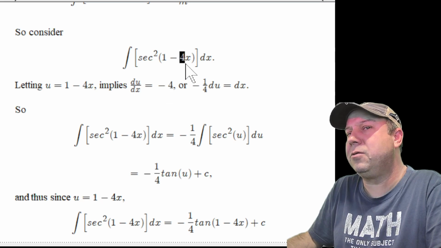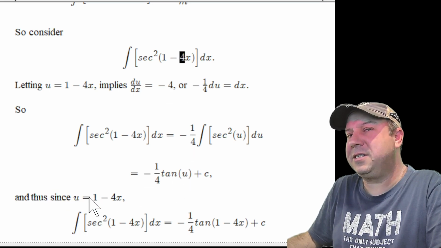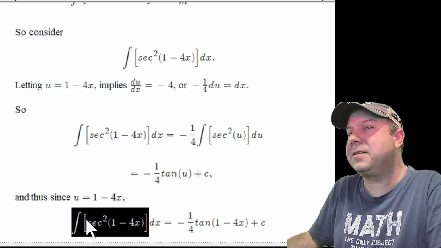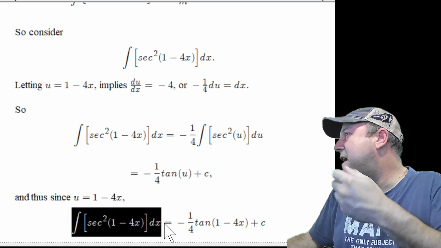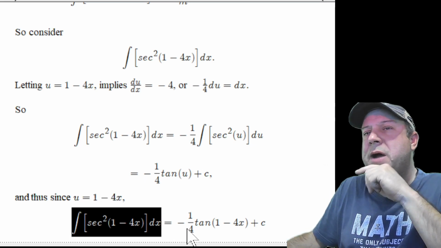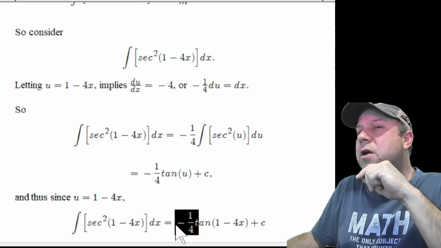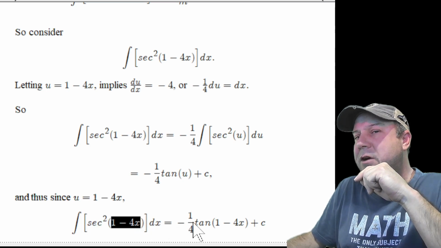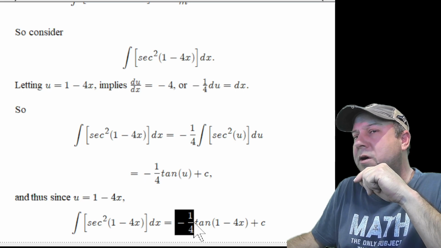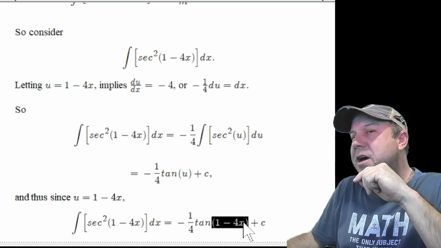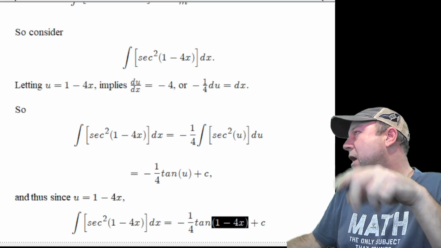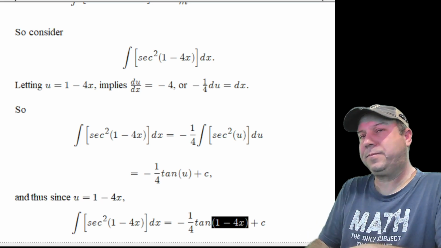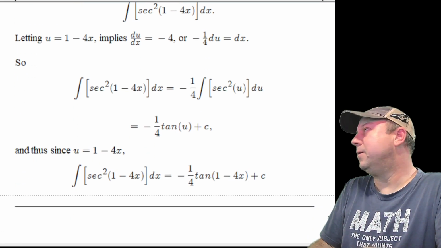And thus, since u equals 1 minus 4x, we can say that the antiderivative for the secant squared of 1 minus 4x is 1 over the slope of that linear function, which would be negative 4, times tangent of that linear function, 1 minus 4x.